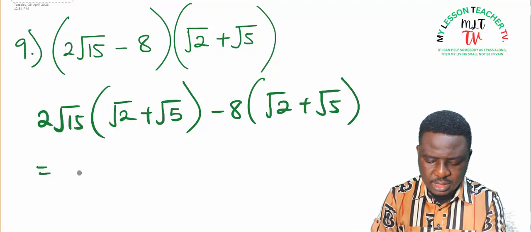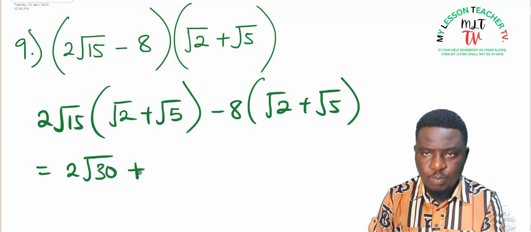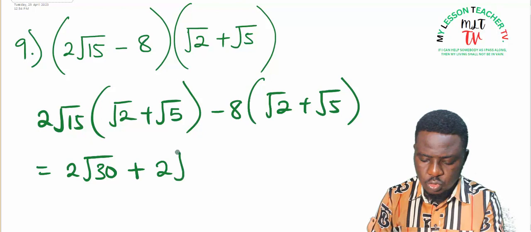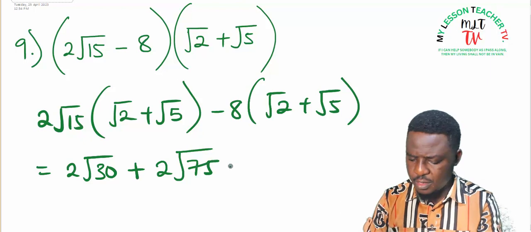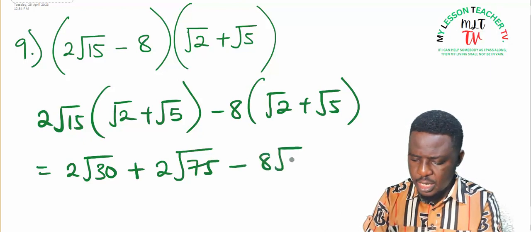When you simplify this, it's going to give you 2 root 30 plus 2 root 15 times 5, which is 75, minus 8 root 2 minus 8 root 5.